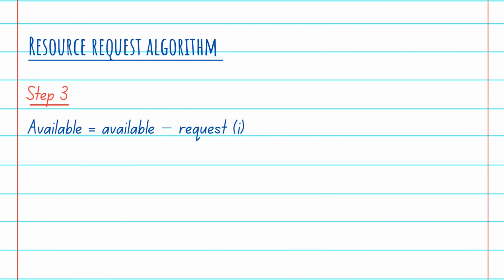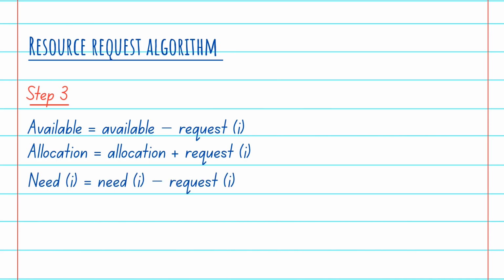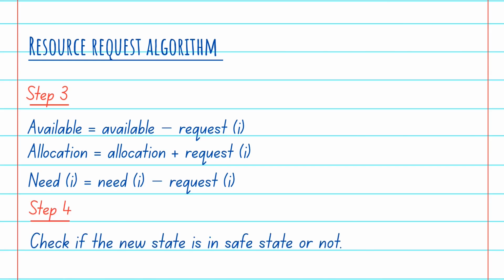In step number 3, we perform 3 actions: available is equal to available minus request of I, allocation is equal to allocation plus request of I, and need of I is equal to need of I minus request of I. And at last, in step number 4, check if the new state is a safe state or not. Okay, these are the common steps in resource allocation.